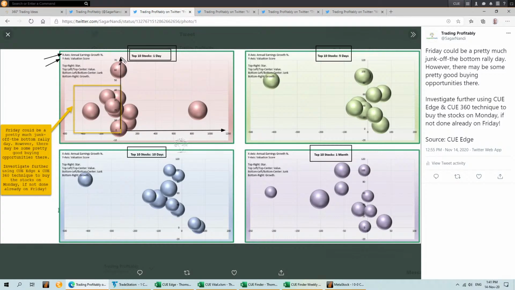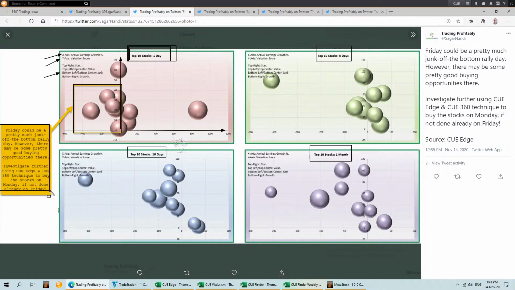What went up most, at least among these top 10 stocks, are the junk stocks. That is bottom left, bottom center. They are neither undervalued nor high growth. Junk stocks went up more. So Friday could be pretty much a junk bottom rally day.